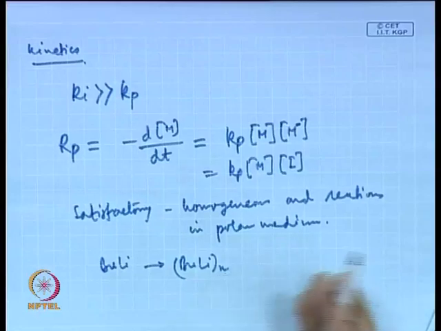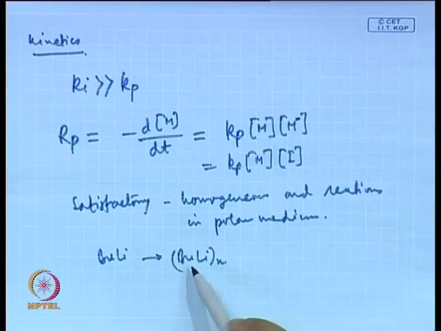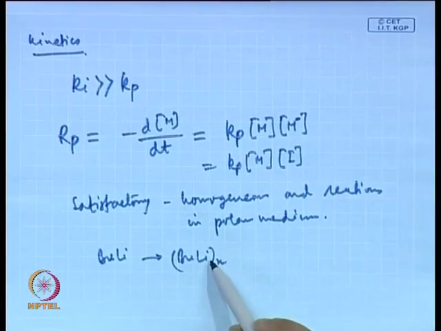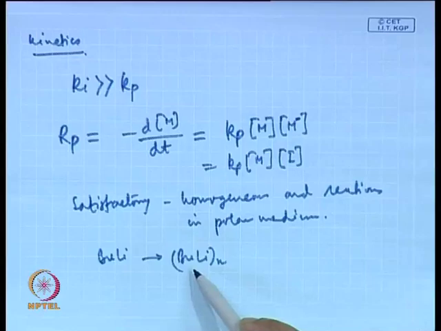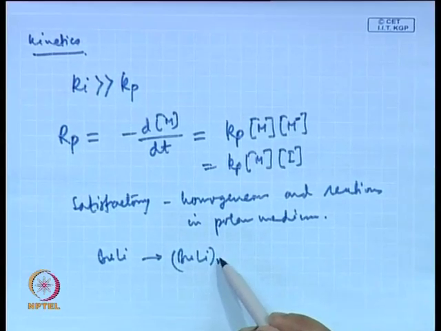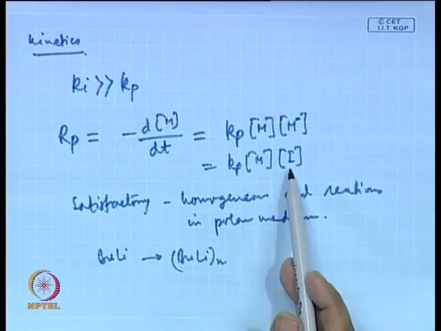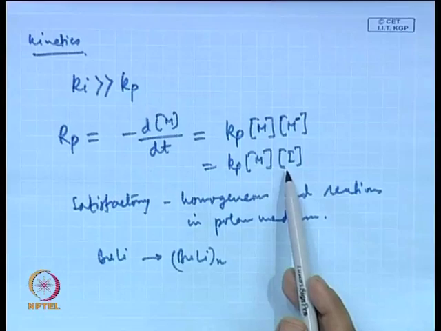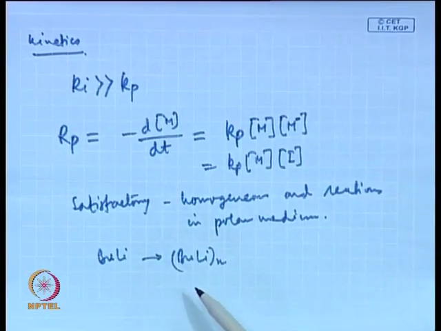The aggregation number will vary from 4 to 6 or something. So, what to remember is that if we take a very non-polar or hydrocarbon medium, then these initiator molecules can actually aggregate, effectively reducing the concentration of the available initiator, which means you have to take care of that correction in the initiator concentration term to actually get the rate of polymerization.